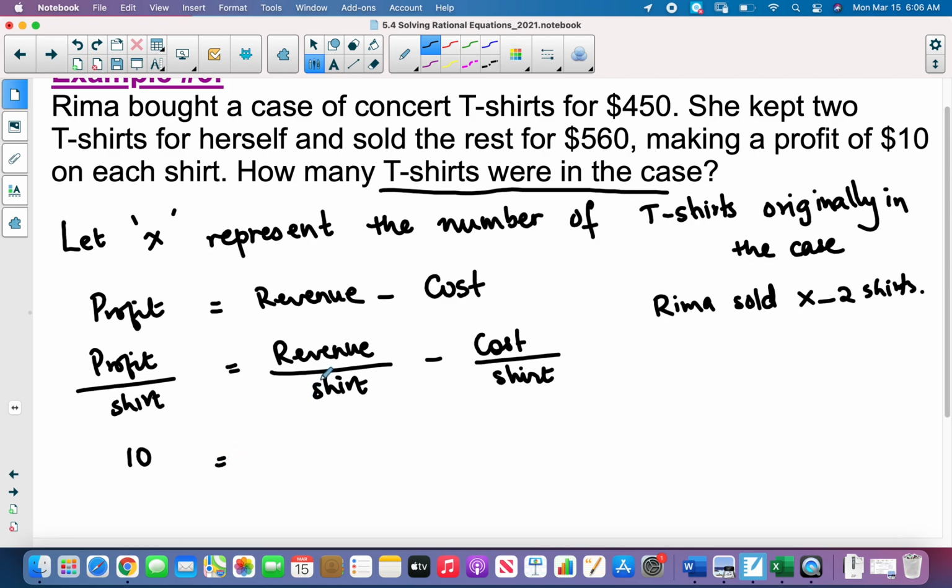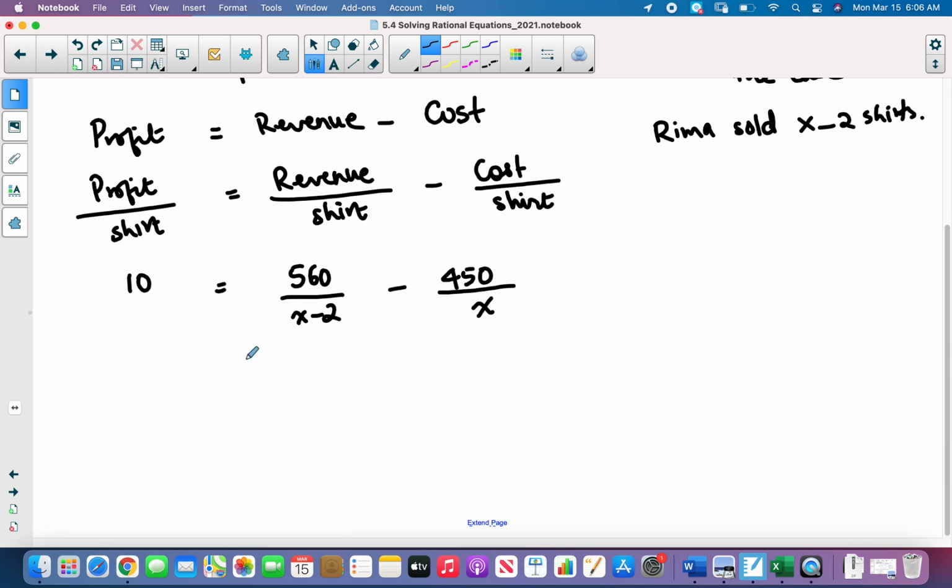And the revenue she got for selling it is $560. So the revenue per shirt will be $560 divided by how many shirts did she sell? She sold x minus 2 shirts. And the cost that she had was $450 for how many shirts? For x shirts, because she bought x shirts and she sold x minus 2 shirts, right? And the profit per shirt. So this is our rational equation, which we can now solve for x.